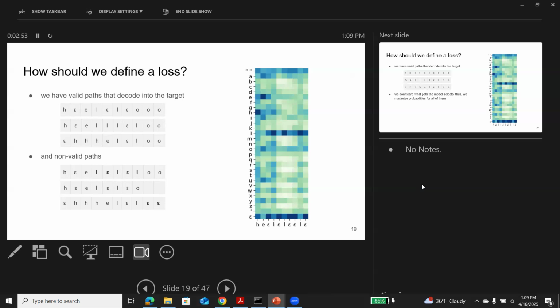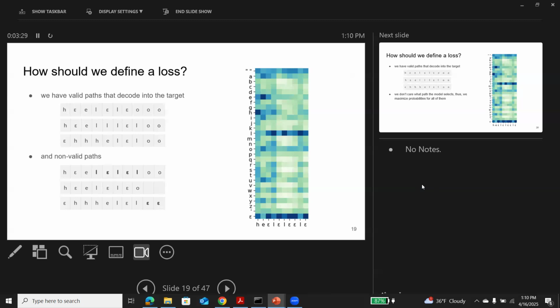So if we know the target was hello, the prediction from the model of the word hello like this will have a problem, because if we remove the blank symbol, we will get triple L instead of double L. And such reconstructions we will call non-valid predictions.